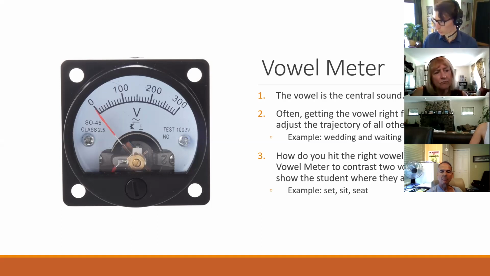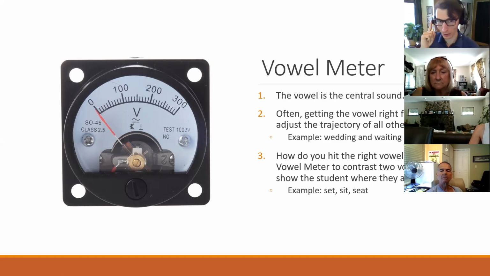Before we talk about that, let me look at this example of wedding and waiting. This is from today. I could not hear what the student was saying. She said we had to go to another waiting. The only problem with what she's saying basically is the vowel was not correct. Instead of saying eh, she was saying a, waiting. I had my cousins waiting.